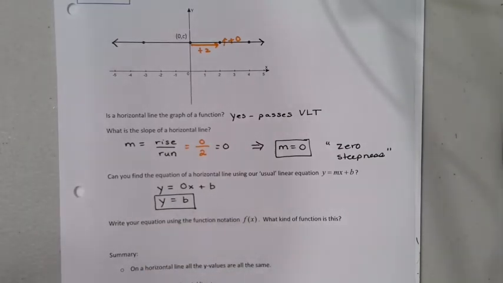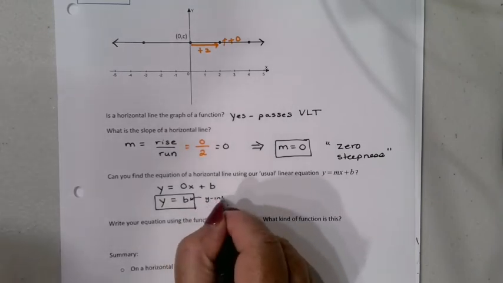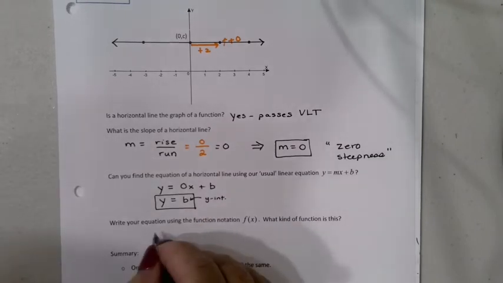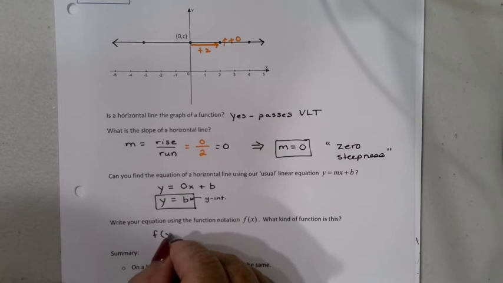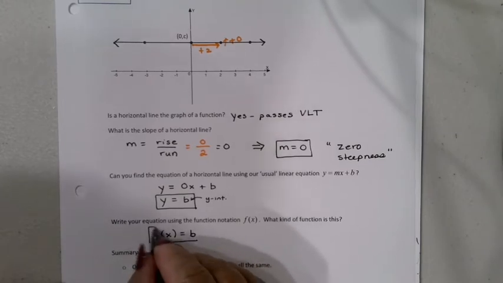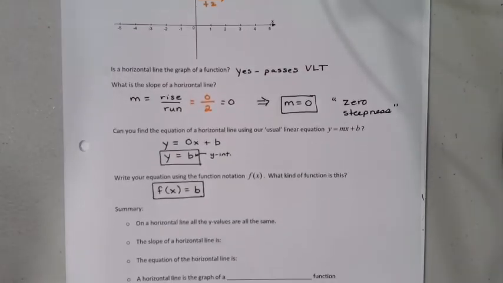Our equation will not have an x in it at all. It will just be y equal to whatever the y-intercept is. I could write that in function notation as f of x equals b. And if you remember back, it's been a couple sections now, we called that kind of function that didn't have any x's in it at all a constant function.